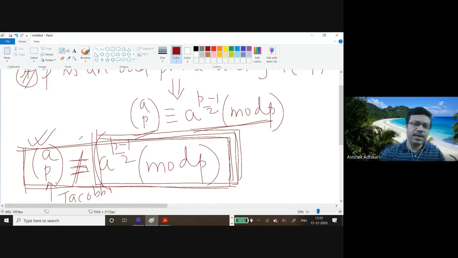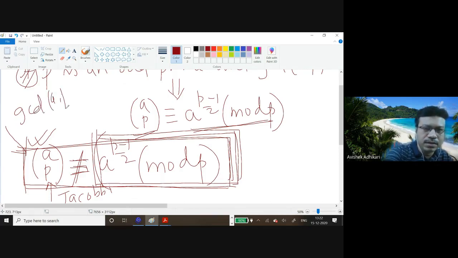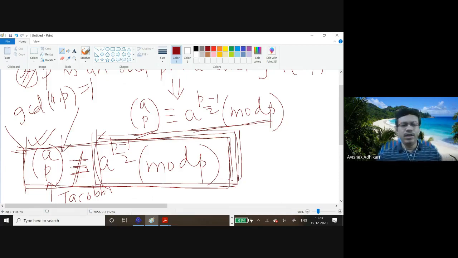No, here we have taken GCD of A and P equal to 1, we have already taken. In this part, we have already checked GCD of A and P equal to 1, and then we calculated this, because when you are going to calculate the Legendre or Jacobi symbol, you need to check this first.